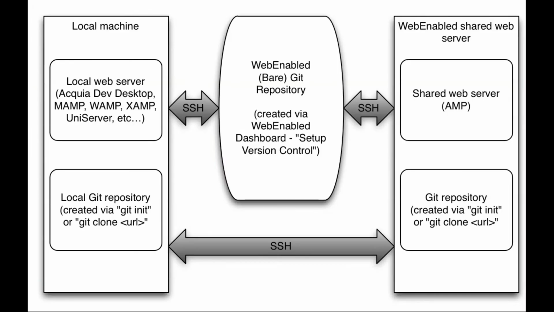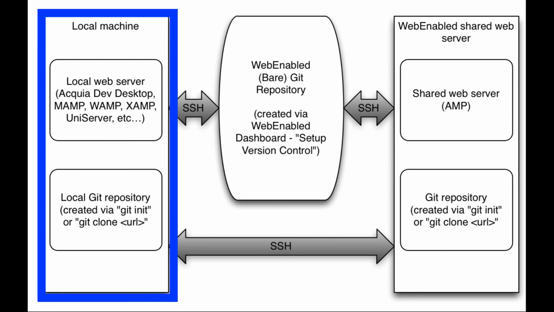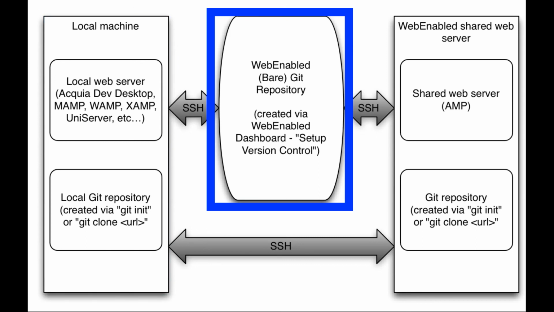So as a quick review, what have we done? We had a local site set up on a local machine. We created a new Git repository using git init and committed the entire site to this local repository. We then created a web-enabled Git repository that we're able to use git push origin master up to this repository.